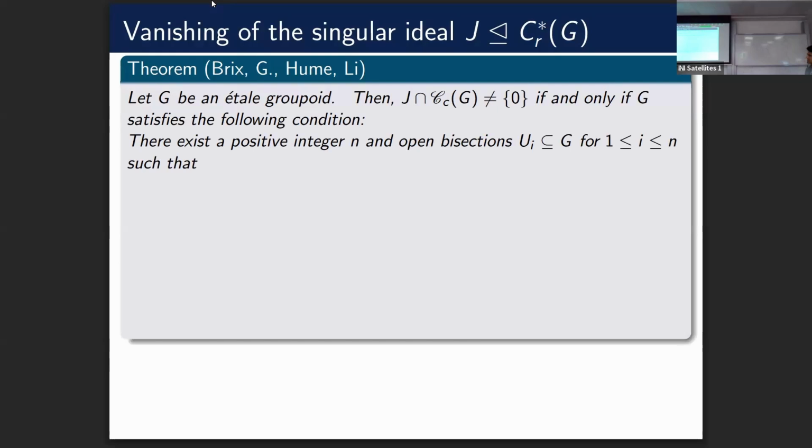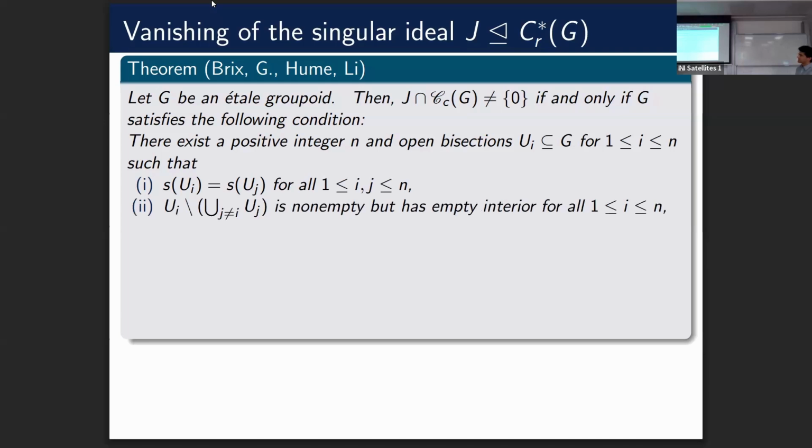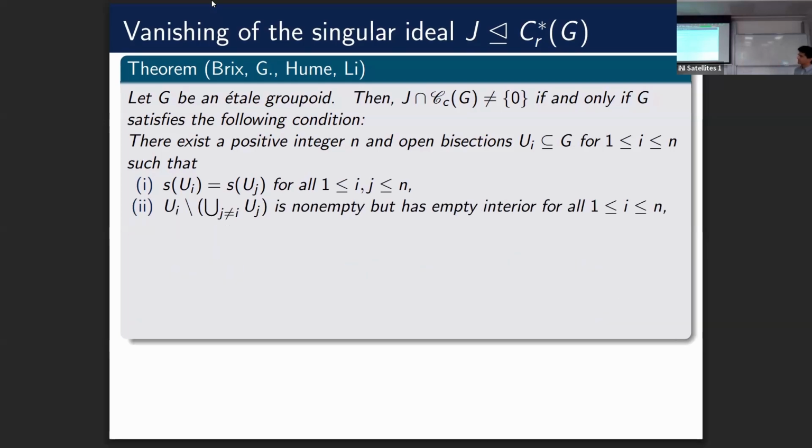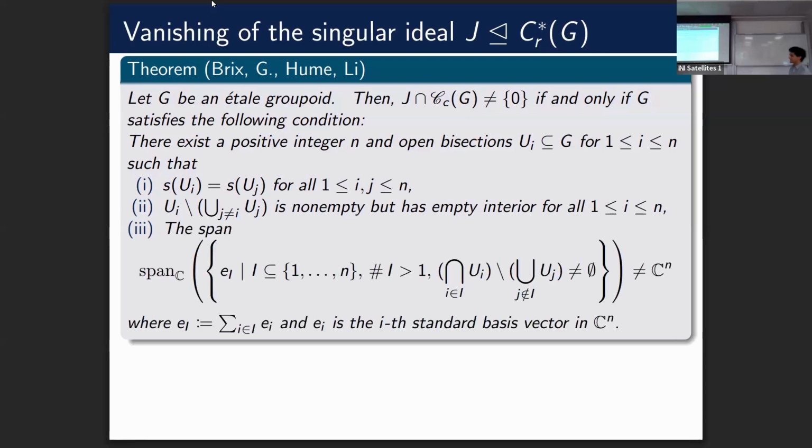So this intersection is non-zero if and only if there exists a finite collection of bisections satisfying three conditions. They all have the same source. If you take one and remove the others, you're left with a non-empty set with empty interior, and then there's some complicated condition here, which I won't talk about.